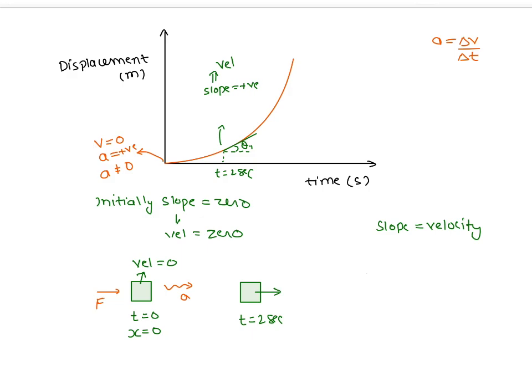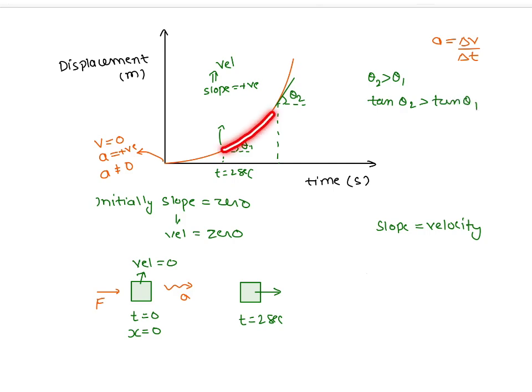Now, let us further analyze this graph. If you see, this slope is increasing with time. I'm drawing a tangent here. So this angle theta 2 is greater than theta 1. So of course the slope, that is tan theta 2, is also greater than tan theta 1.